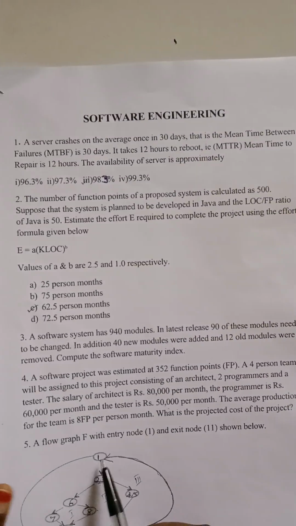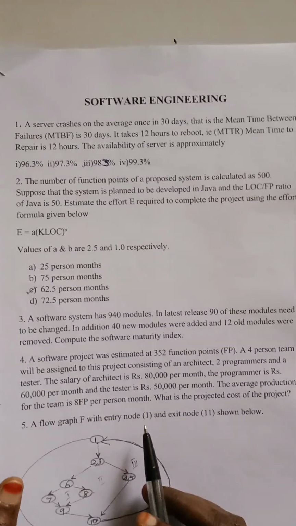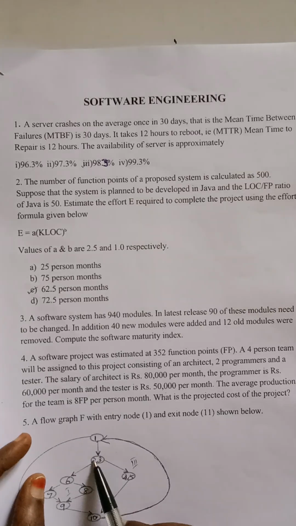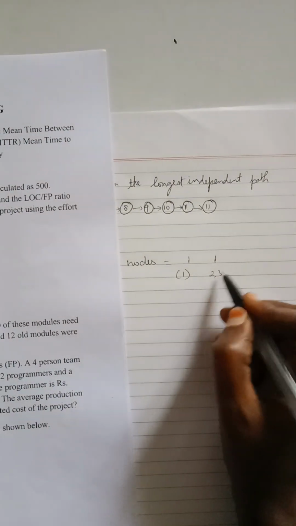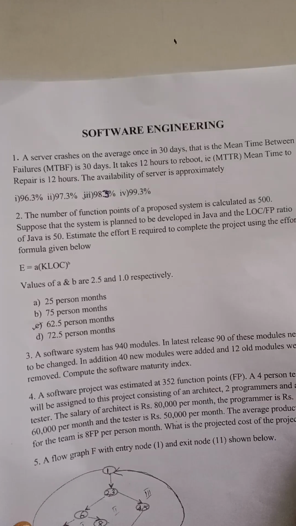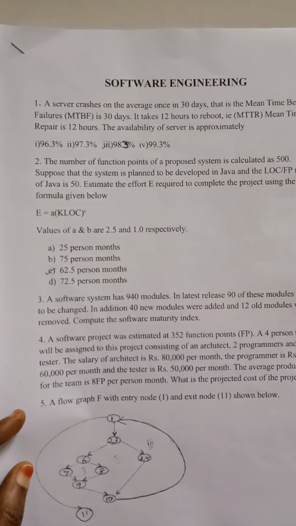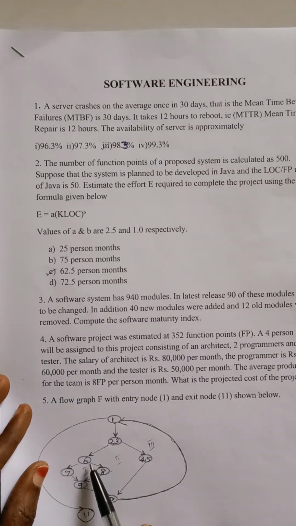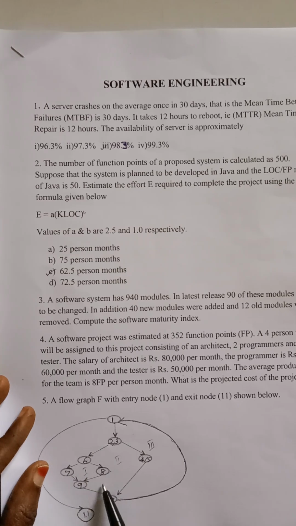Next, another node is 2, 3. See, the first node is 1. Next this node, this is 2, 3. So 2, 3 is a node. Next there is another node, which is 6. 6 is a decision. This is not a decision, and this is not a decision. 1 is a decision node, 2, 3 is a decision node, and 6 is a decision node.